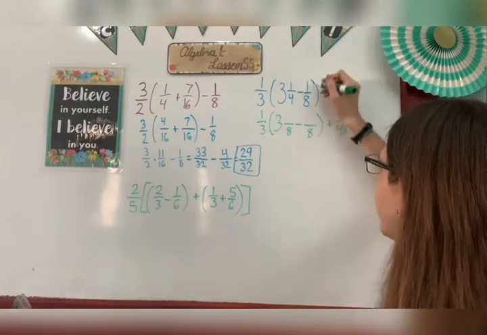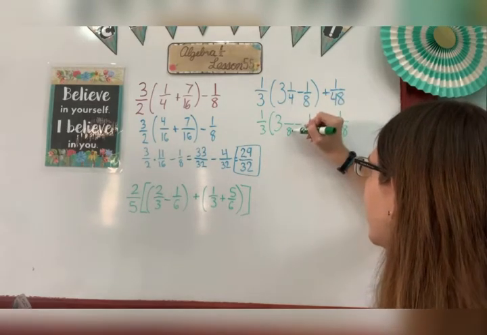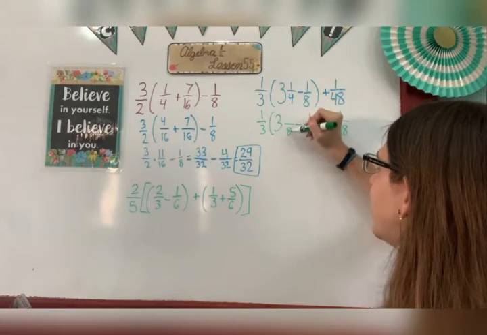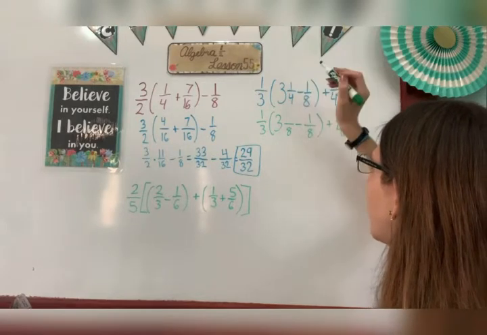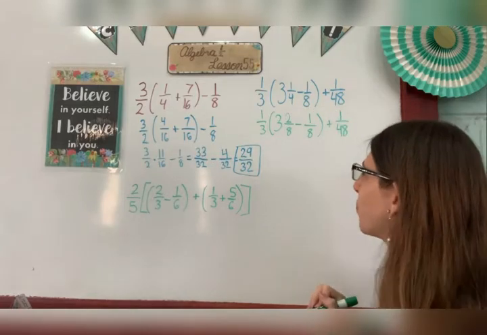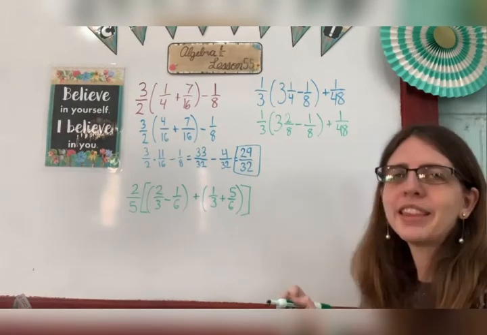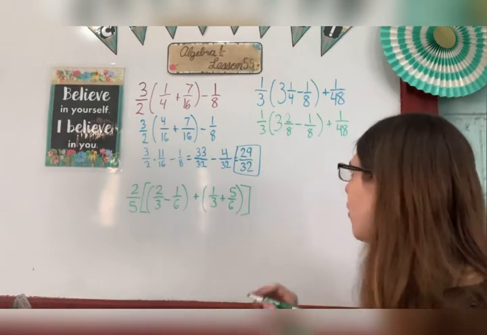Well, this fraction doesn't change because my denominator didn't change. This one, 4 times what equals 8? 4 times 2 equals 8. So I multiply my numerator, 1 times 2 as well. 1 times 2 is 2. Now I can subtract. 3 and 2/8 minus 1/8 gives me 3 and 1/8.